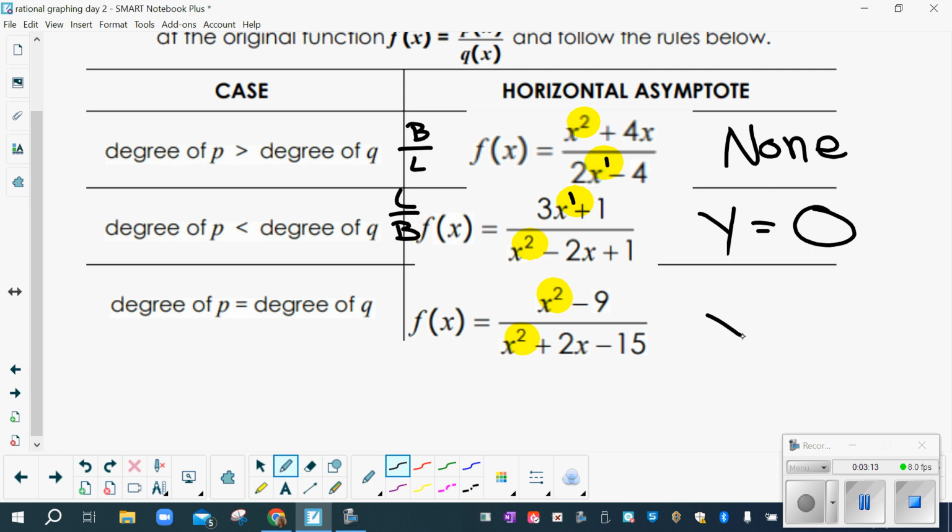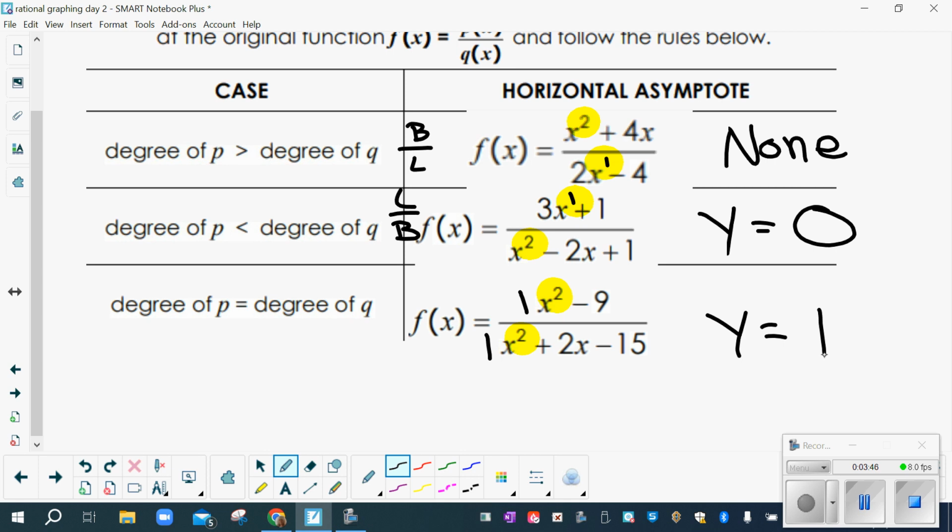It's going to be y equals the number in front of this guy and the number in front of that guy, the coefficients. So it's just going to be 1 over 1. It's like we're evenly matched. Take my coefficient, and the bottom guy's like, fine, take my coefficient, and that's it. So our asymptote would be on the first floor of our hotel. It would be right at 1, and it's horizontal.